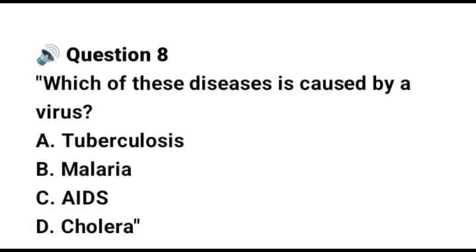Tuberculosis and malaria are caused by bacteria. Malaria itself is caused by the Plasmodium parasite transmitted by mosquitoes. Not just mosquitoes, the female Anopheles mosquito. So the correct option here is what? Option C, AIDS. AIDS is one of the diseases caused by a virus.